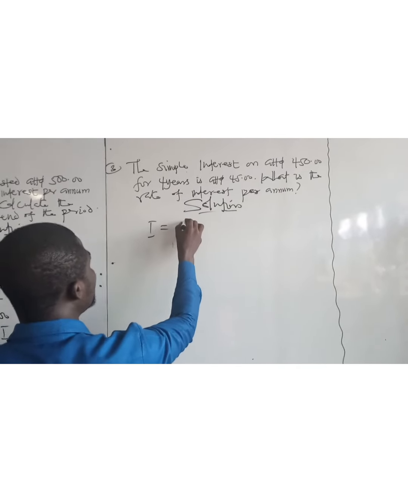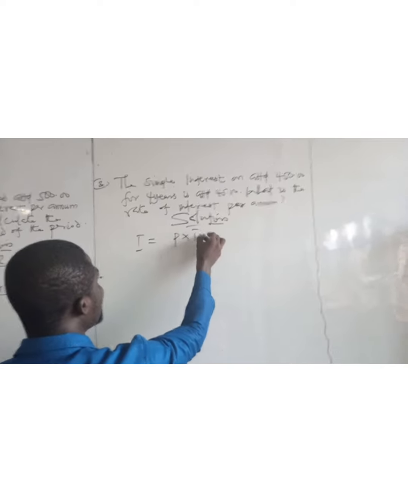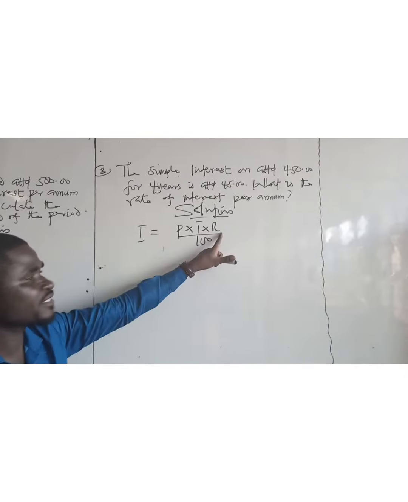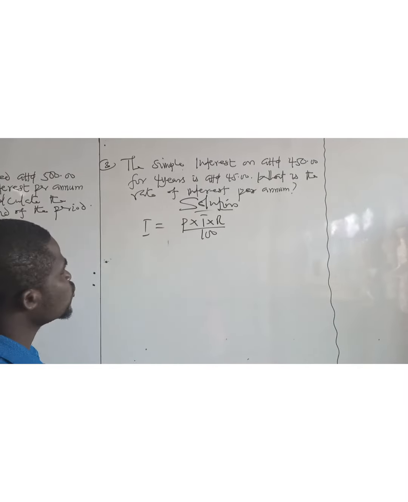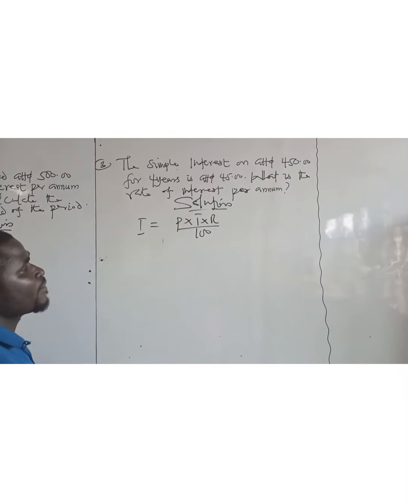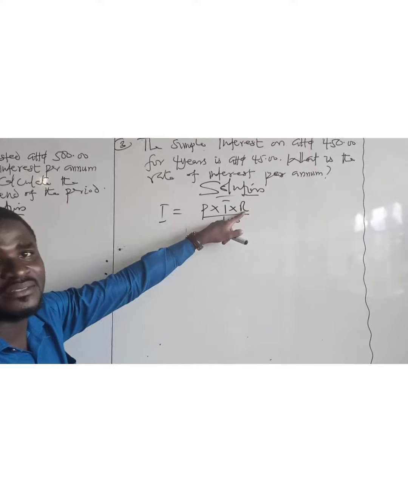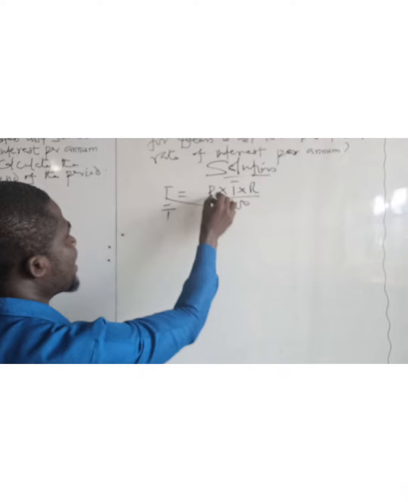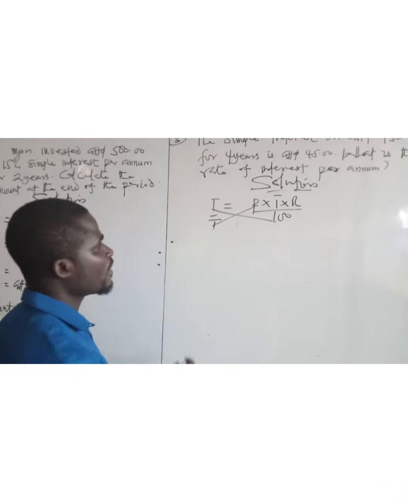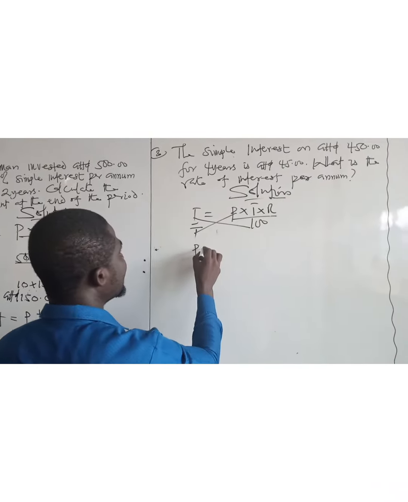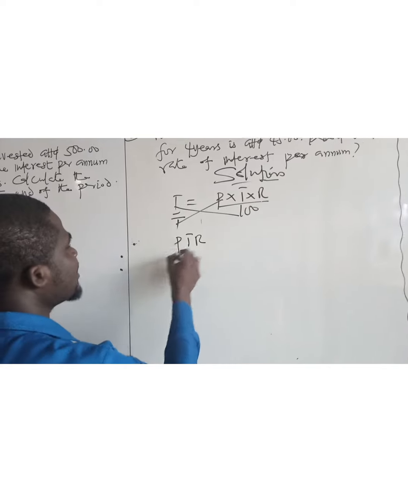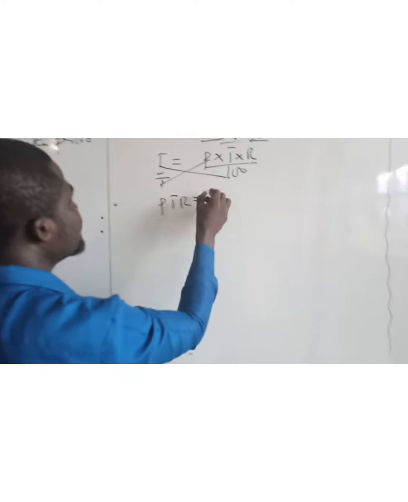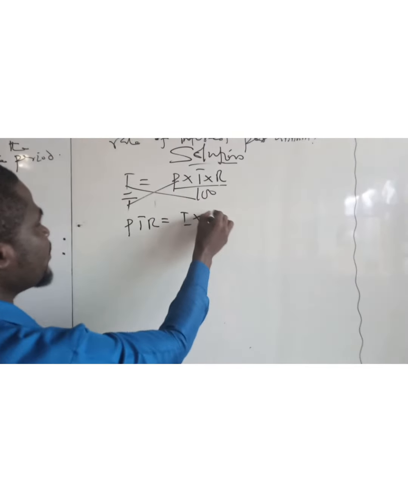Now, we said that simple interest is equal to principal times time times rate, all over 100. Now, we are looking for the rate. So, to find the rate, make it the subject. So, it's over 1. Let's cross multiply. So, we are going to have P times T times R equal to interest times 100.